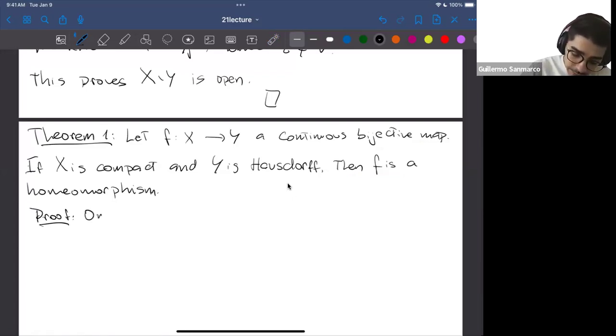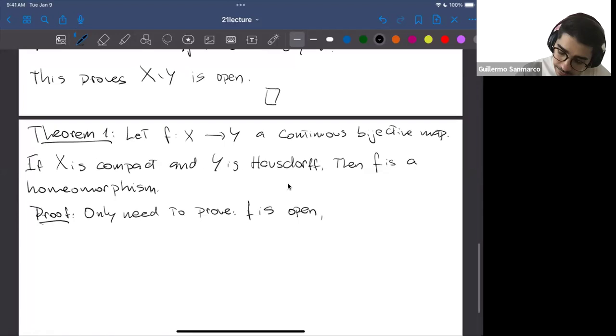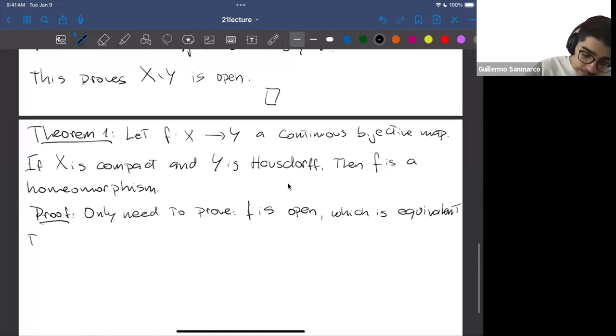So we only need to prove f is open. But this is equivalent to f being closed.